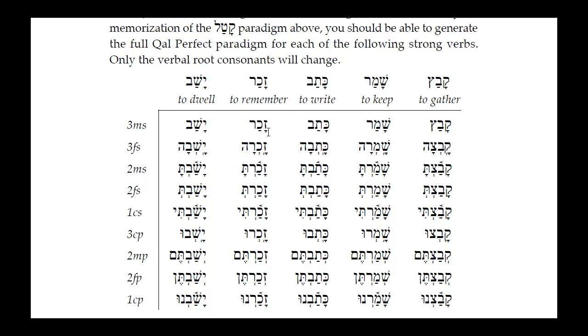Same thing. Everything happens the same way. Your final vowel reduction under your yod of your qamets is when you have your total vowel reductions in the second masculine plural and the second feminine plural. And you see it across the board here, whether it's zakar, katav, shamar, kavatz. It's the same thing in here.